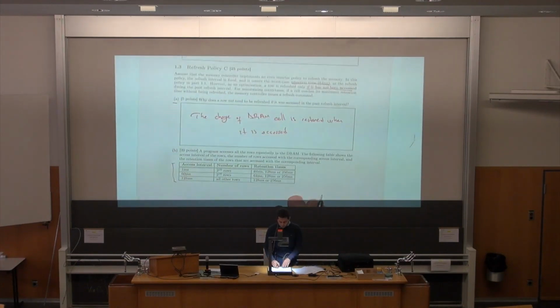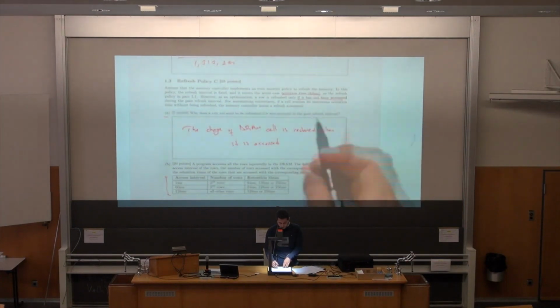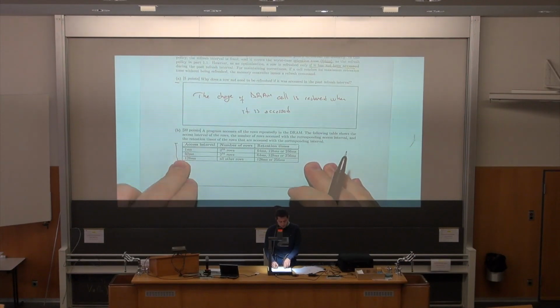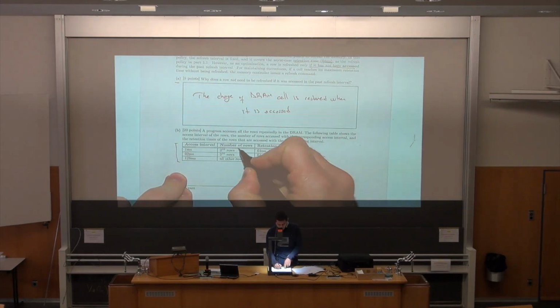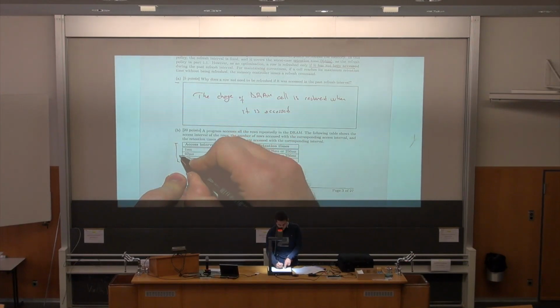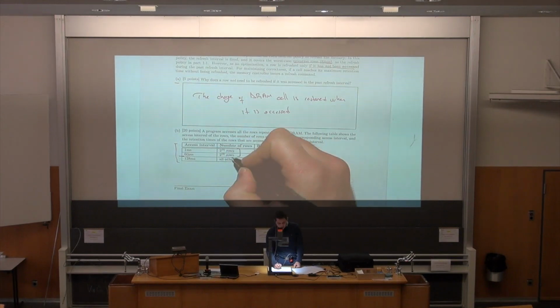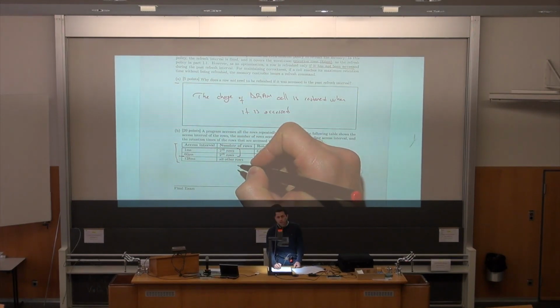Remember that the retention time was 64, so the refresh interval will also be 64 for all of the rows. But the program accesses these rows before refresh takes place in 64 milliseconds. So this means that that number of rows will already be accessed.